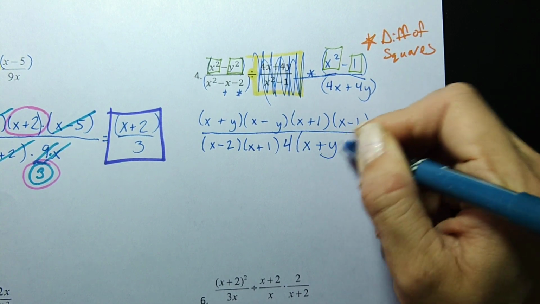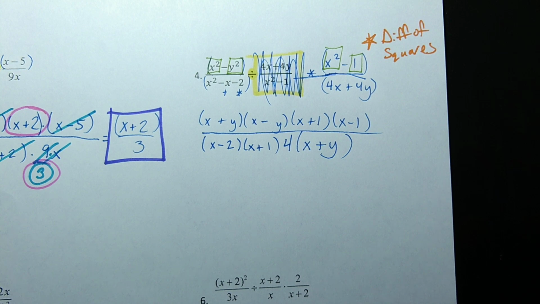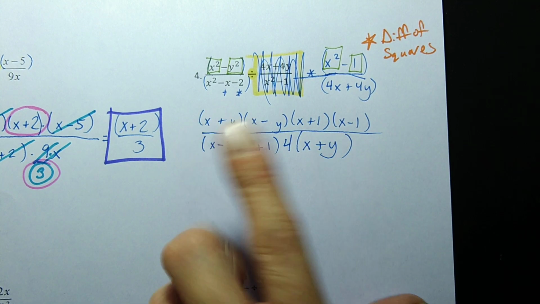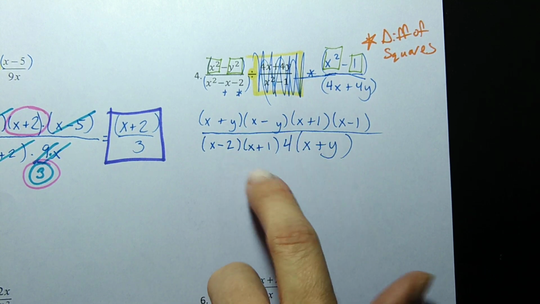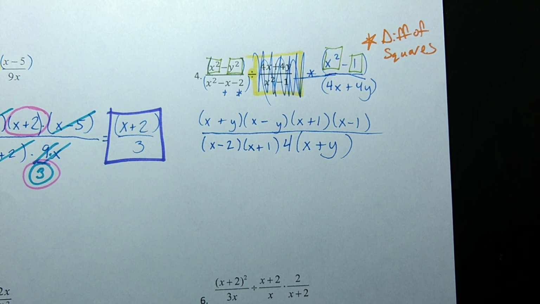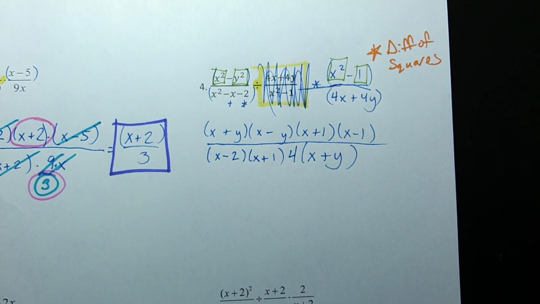GCF, take a 4 out of both of those. And again, if you're like, what if I miss it? If you miss it, you will miss out on canceling out this one and this one. And if you miss the difference of squares, this one and this one. So check the answer key carefully. Determine if you missed something just canceling out wise, or if you missed something with your factoring.